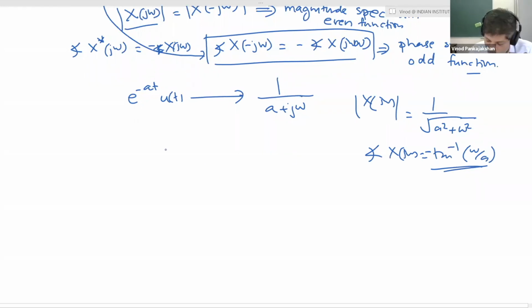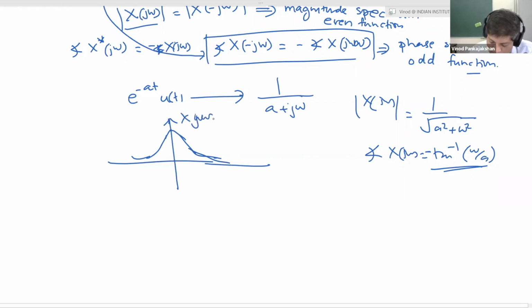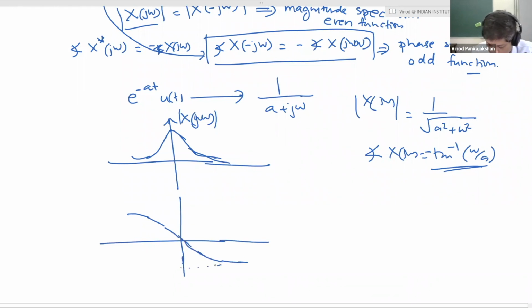We derived this in the previous class. Okay, and we can sketch this. The magnitude spectrum is something like this. It is just approximate shape. It is X of j omega. It is an even function. It is symmetric about the y-axis, and the phase spectrum is, I think, minus pi by 2, and this is pi by 2.